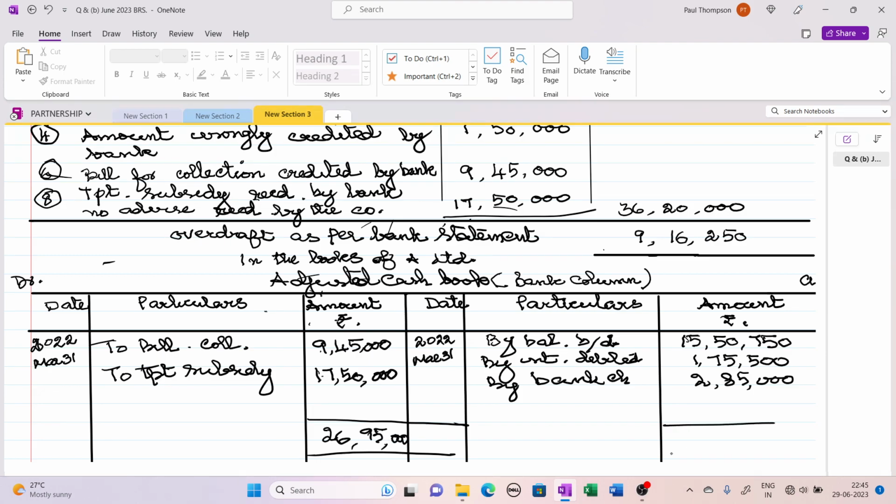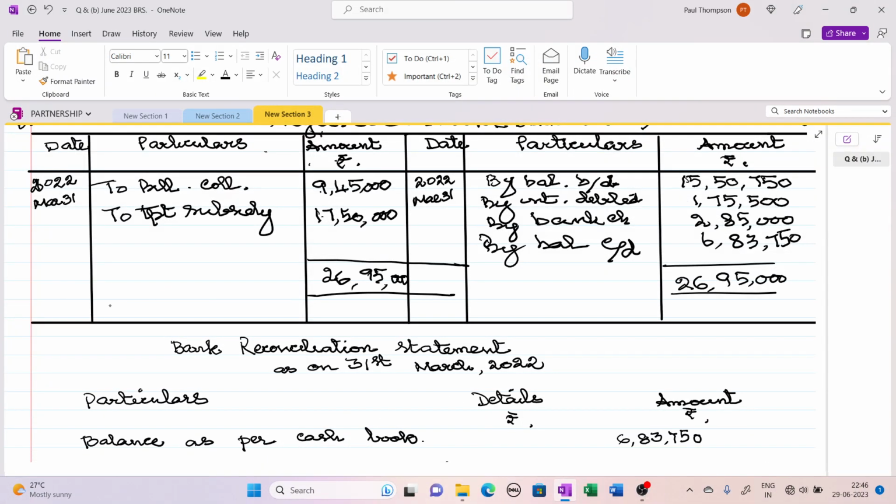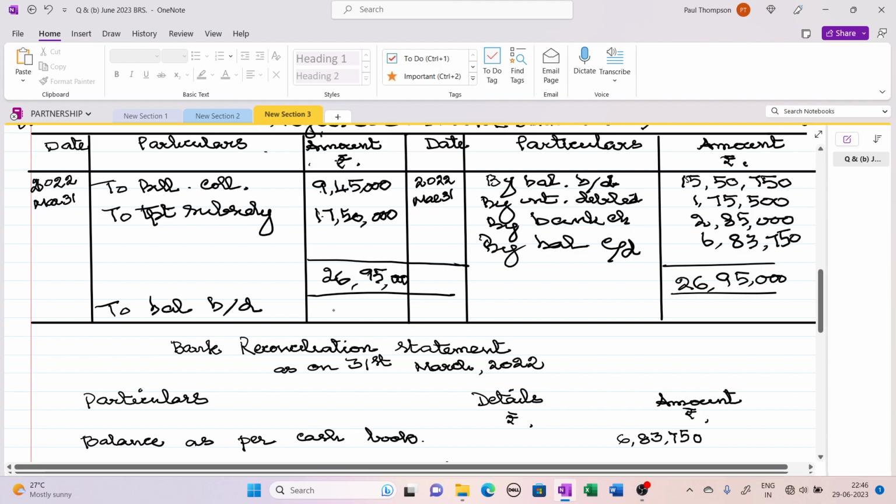So balance carried down is 6 lakh 83,750. So don't forget to write debit, credit and adjusted cash book bank column. Also don't forget to write to balance brought down.